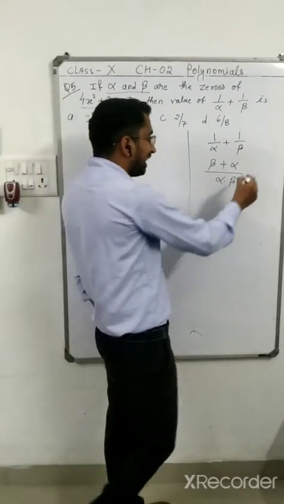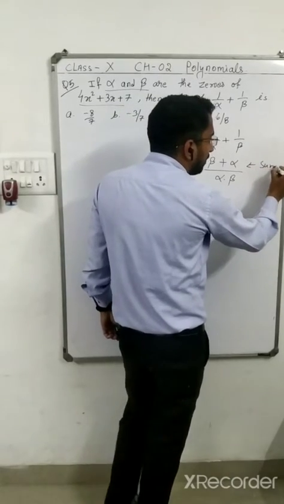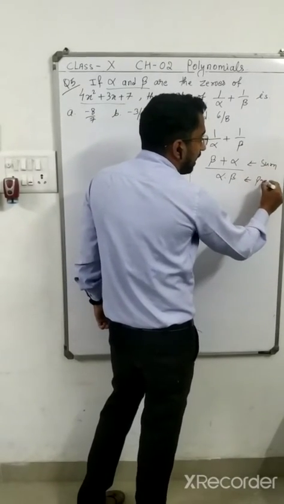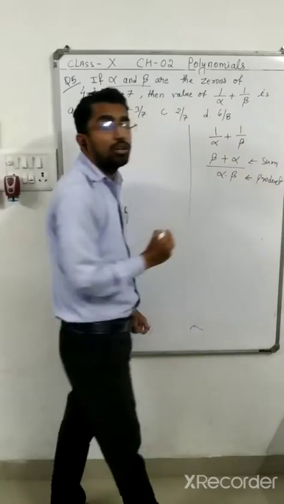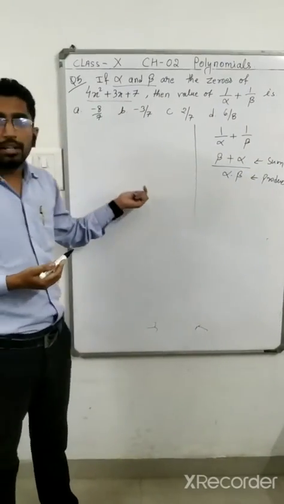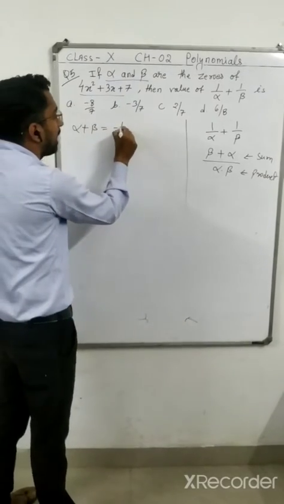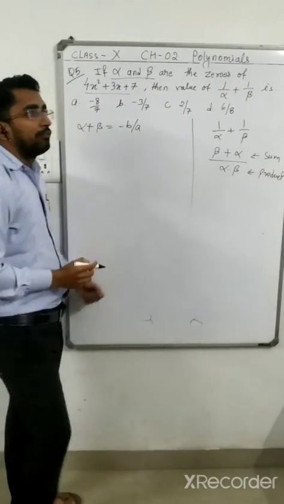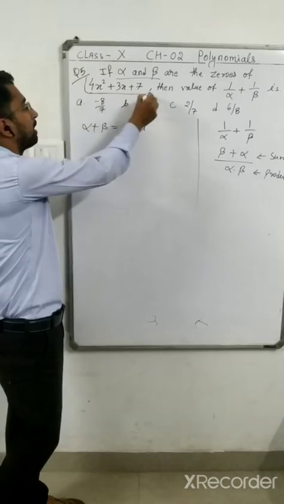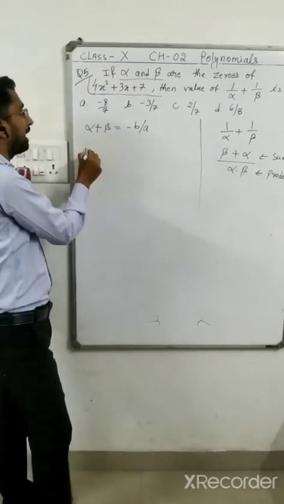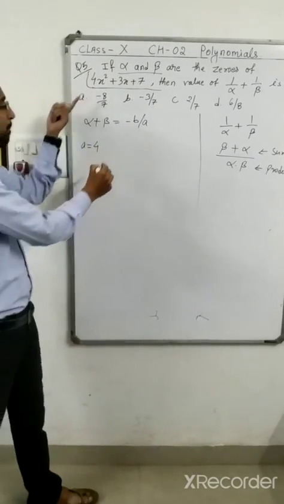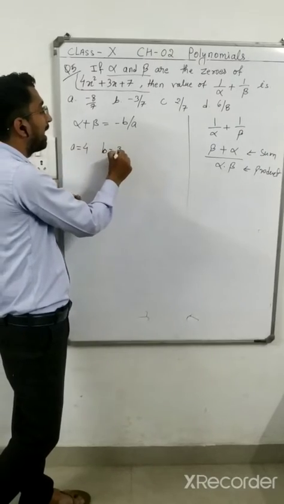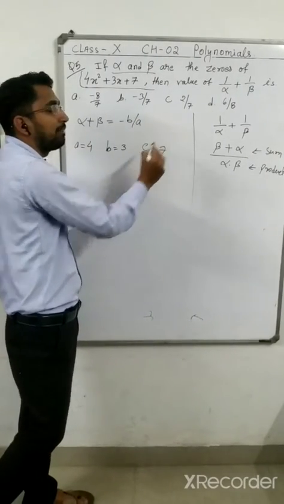So you can see here I have the sum of the zeros, and in the denominator I have the product of the zeros. So let us find the sum. As I told you right now, alpha plus beta is minus b upon a. We can match up with our polynomial. We have a equals 4, b equals 3, and c equals 7.